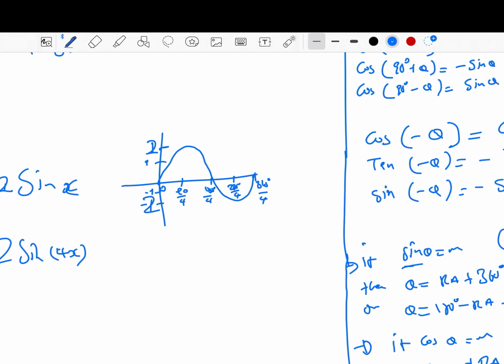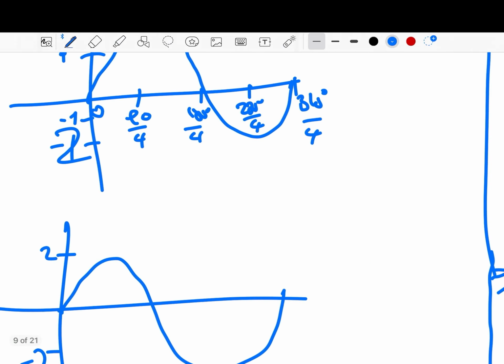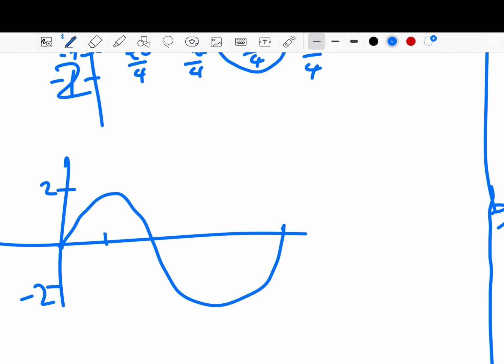Right? So if I put this into perspective, this is 2, this is -2, and you have 90 over 4.